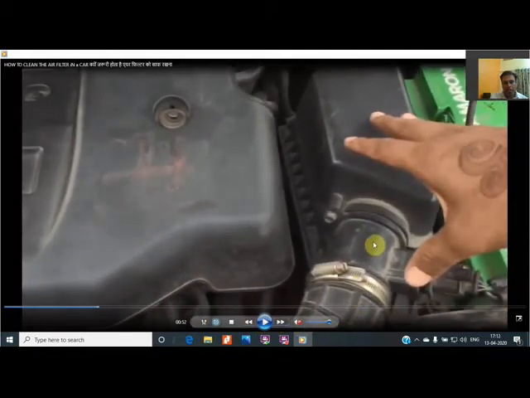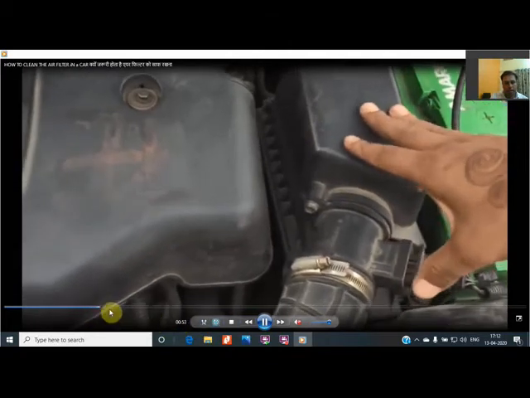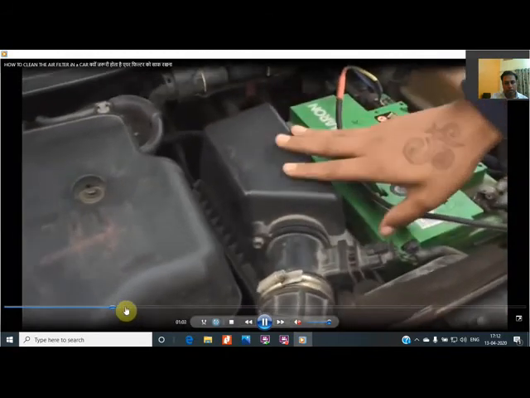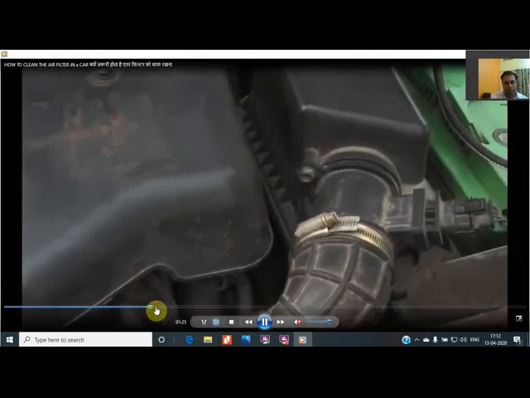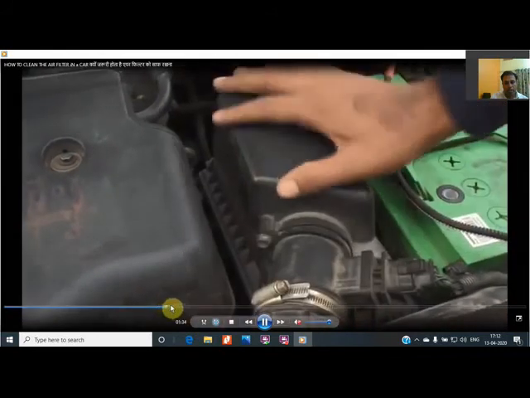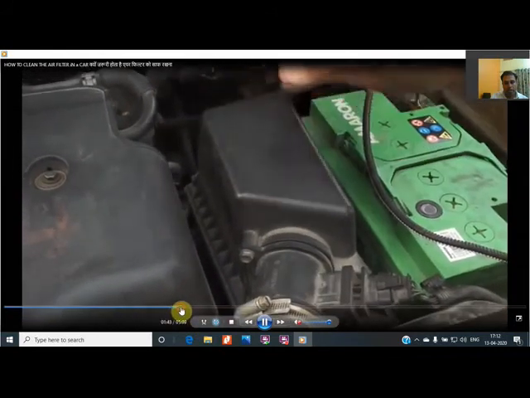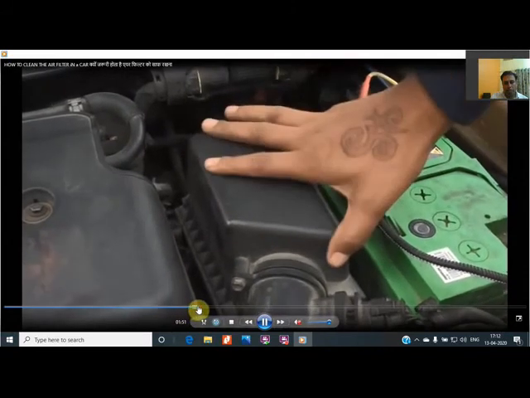The air comes from this direction. After fuel metering, it goes inside the chamber. This chamber is called the filter chamber, and he will remove the filter, because this is one of the defects that we get in the fuel injection system, that the air filter is not clean and the air is not getting in enough.